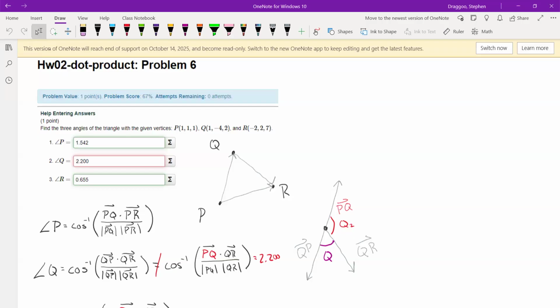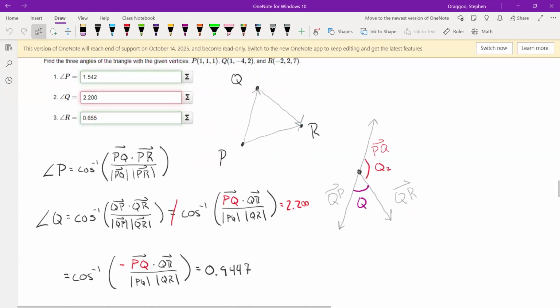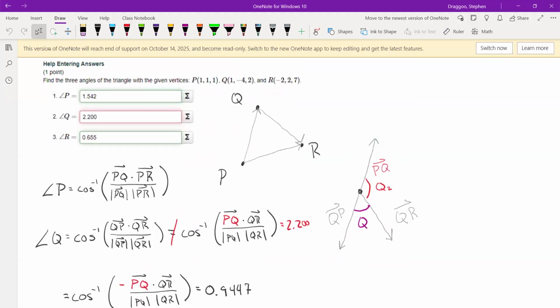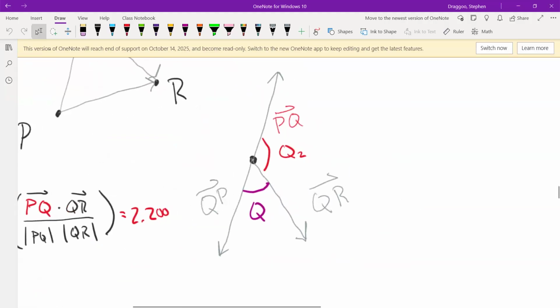Well, solid question. That comes down to the way that we define vectors. In particular, I want to look at this little diagram. If I'm looking to find angle Q, that means I am looking for the angle in between the vectors QP and QR. I want the initial point for both vectors I'm calculating to be Q. That's how I get the magenta Q down the bottom.